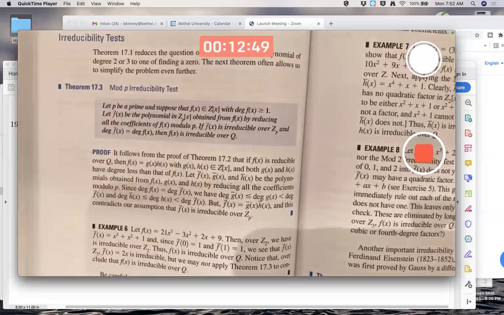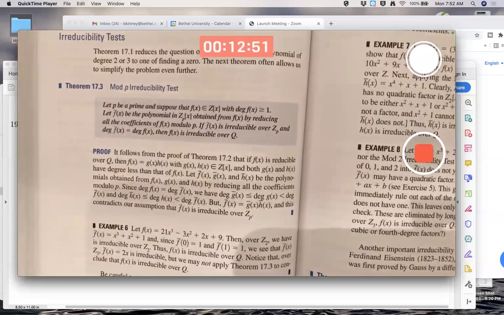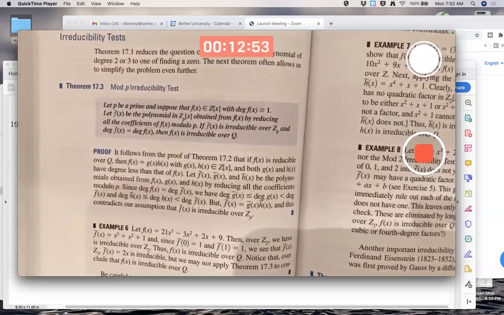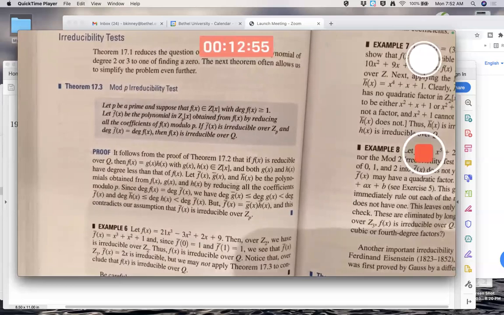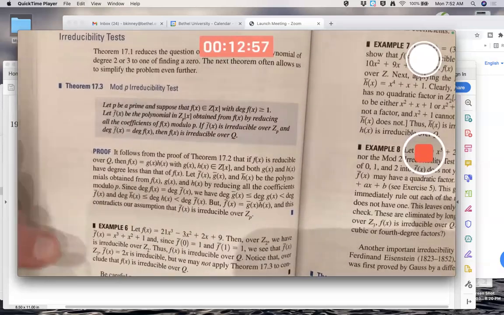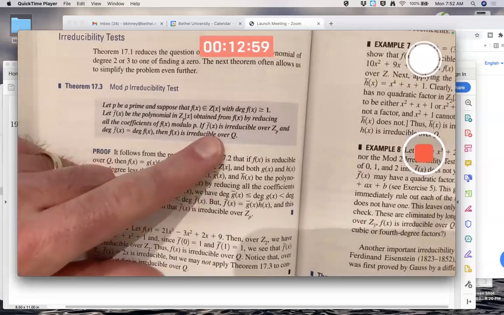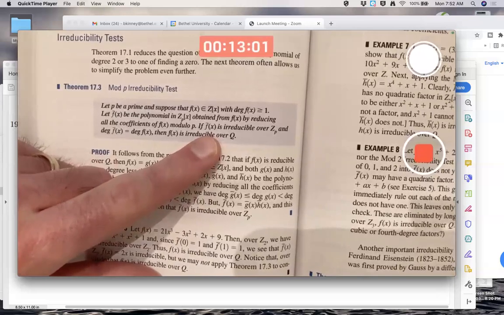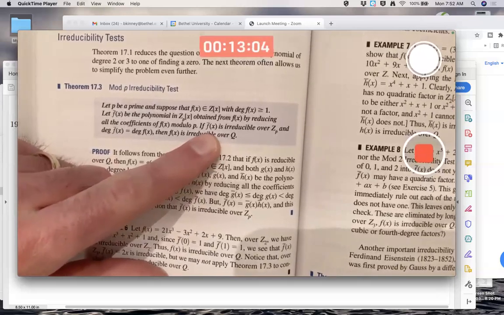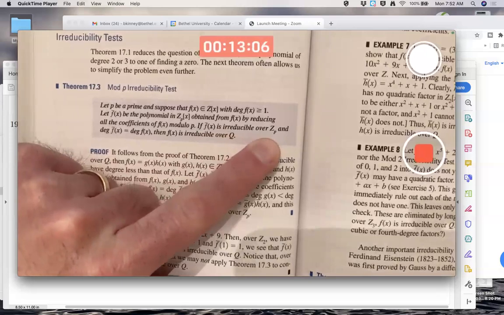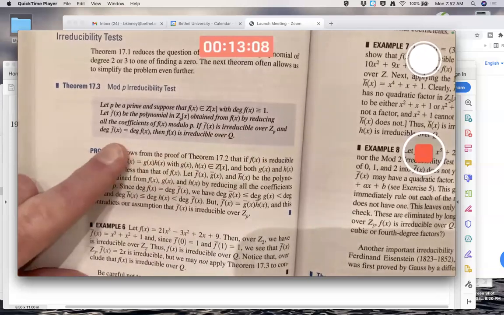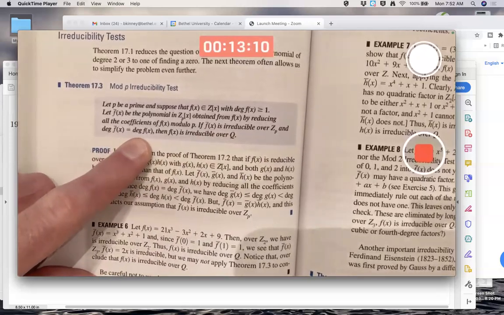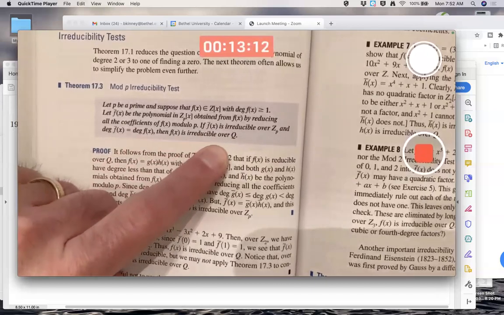So take each coefficient in f of x and reduce it mod p. The if-then statement that is the theorem is that if f bar is irreducible over Z_p and the degree of f bar equals the degree of f, then f is irreducible over Q.